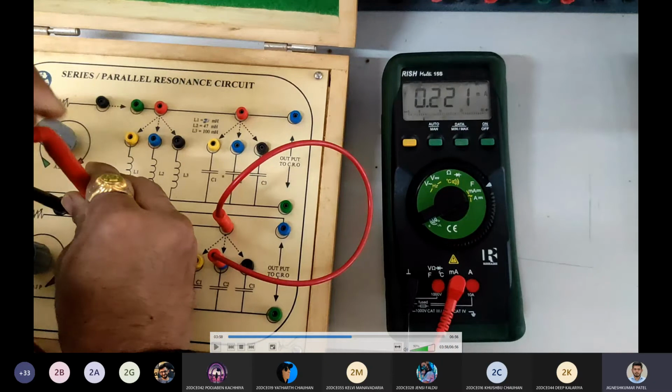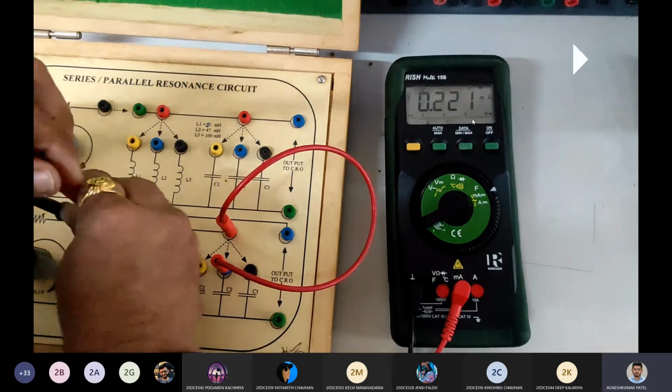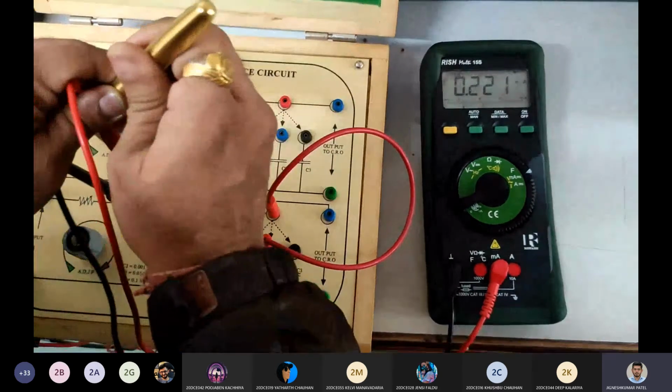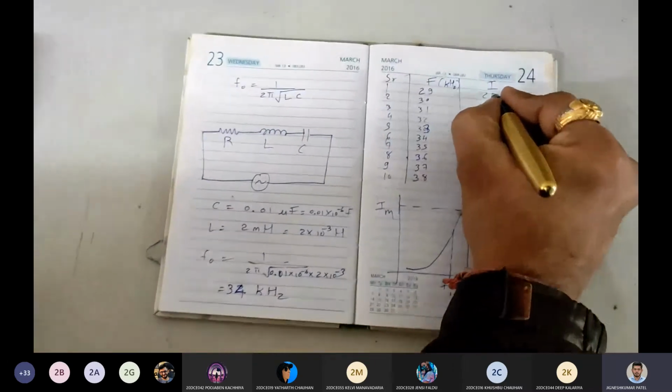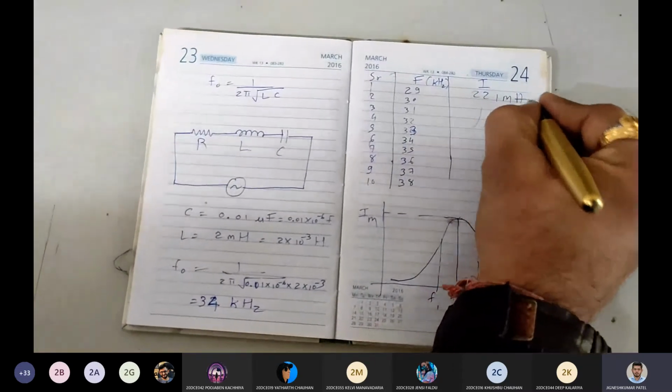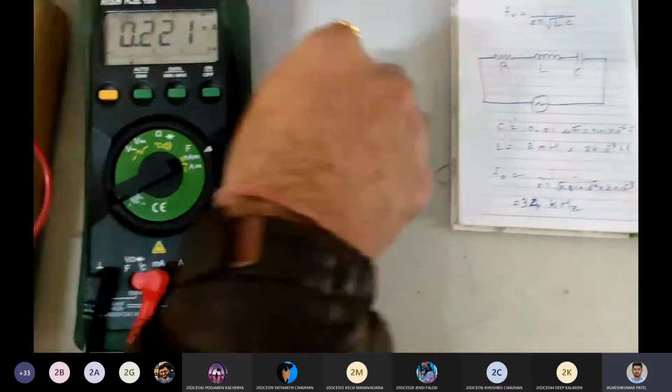So these two probes are basically an ammeter, and the internal connection is done through the ammeter, connected in series between the two. Right now the frequency is 29 kilohertz, and the first reading is 221 milliampere. So we write down 221 milliampere.